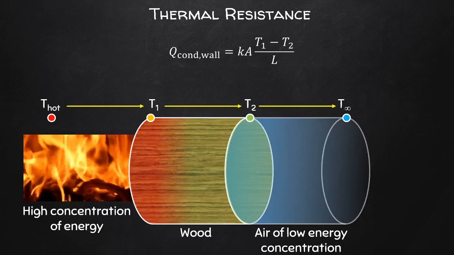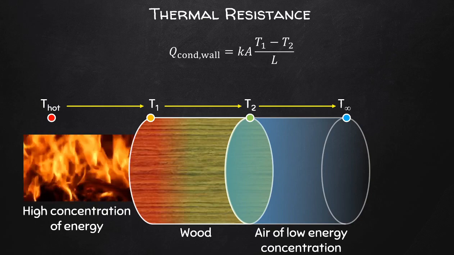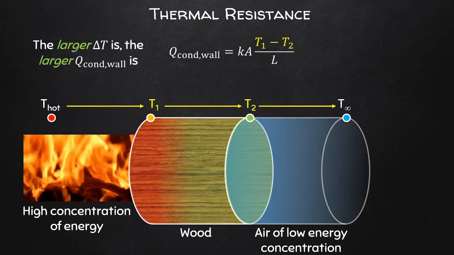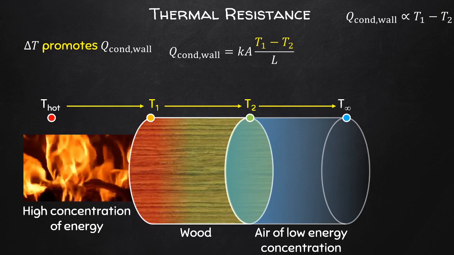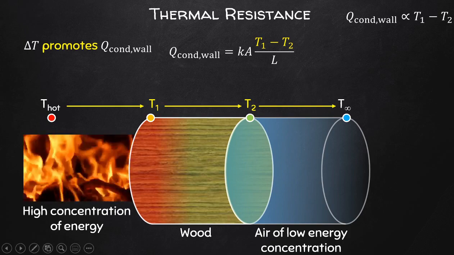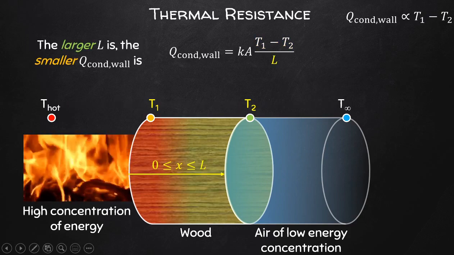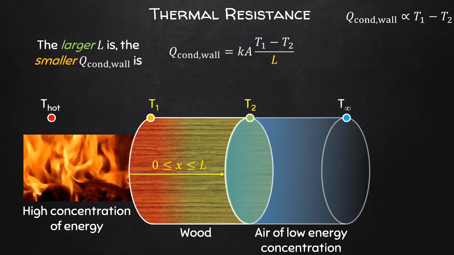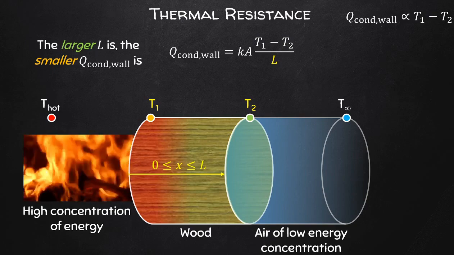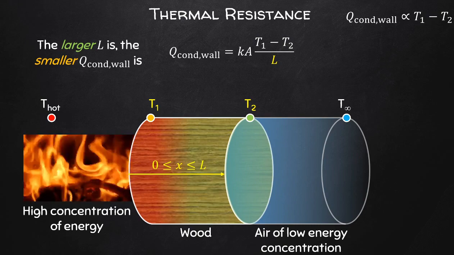So just as with a battery, heat needs some sort of energy gradient, and this comes about due to a temperature difference across the pathway. And we can therefore say that the temperature promotes energy flow, where the gradient is proportional to heat flow. The path also provides resistances along the way to energy flow, where a longer path, for instance, results in a lower flow rate.